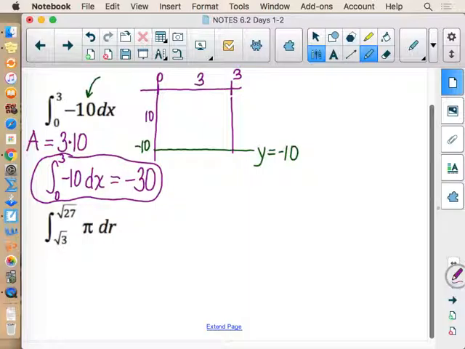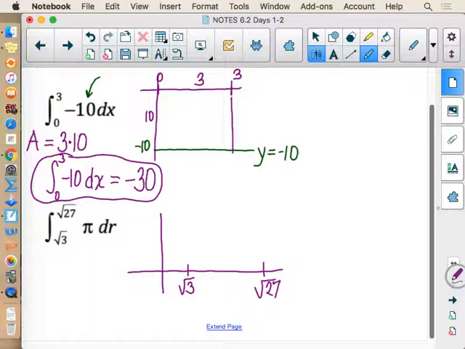The next one, they're giving you another function, and it's another constant function. And they're talking about between an x value of square root of 3 and square root of 27, they would like the integral value of the function pi. Well, pi is a constant, so if my integrand function is pi, there's my constant function.